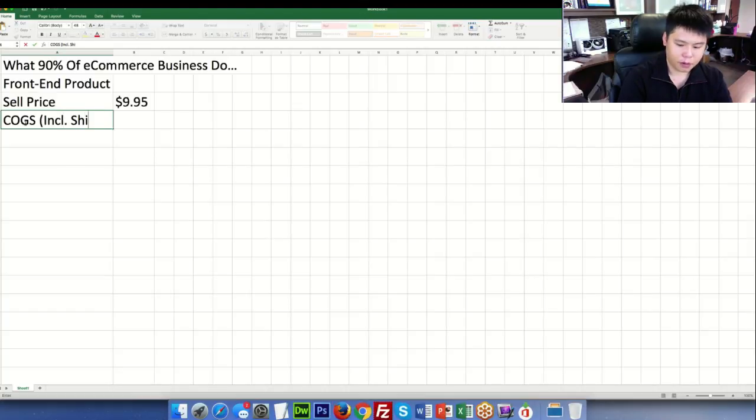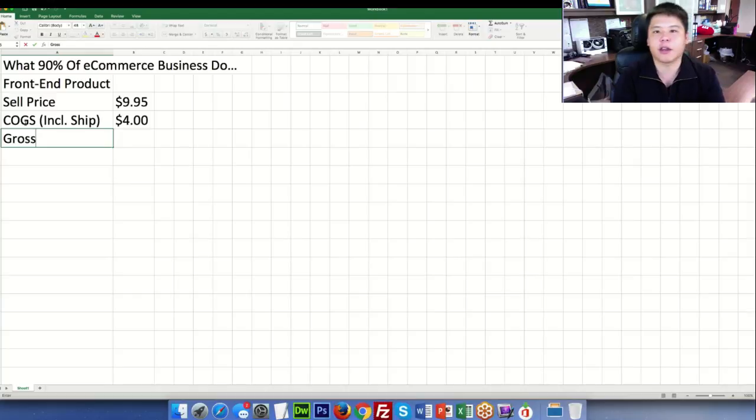Let's say it's going to be $4, okay? So your actual gross for every single sale, the gross, okay? Now we talk about gross only because we haven't factored in the variable cost. When you're running a business, there's always going to be fixed costs and variable costs at the same time. So your gross revenue, I should say, is going to be actually just $5, okay?